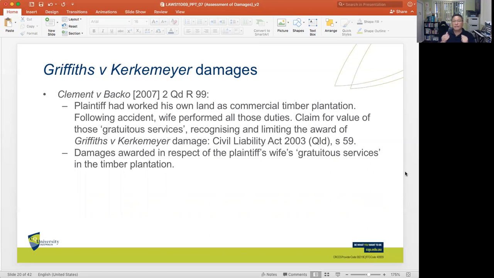But the court said that damages should be awarded in respect of the plaintiff's wife's gratuitous services in the timber plantation, because we know that the services are necessary for the commercial timber plantation, but secondly, the gratuitous services of the wife arose only because of the injuries to the husband. She wouldn't have done it were it not for the fact that her husband would no longer do it.